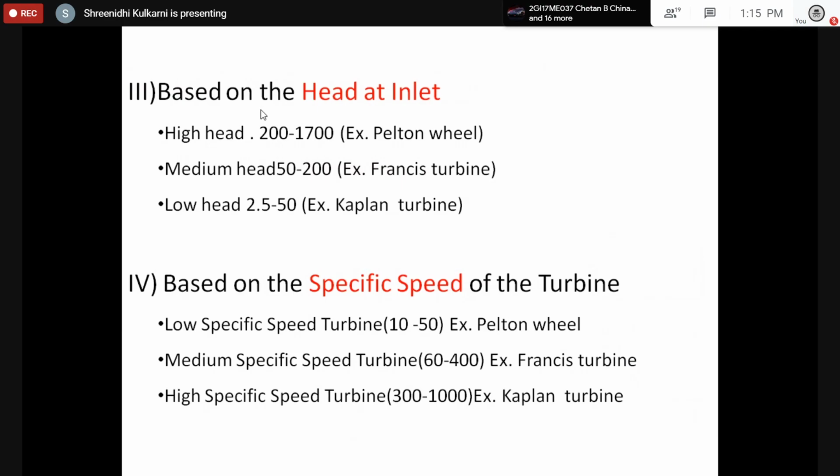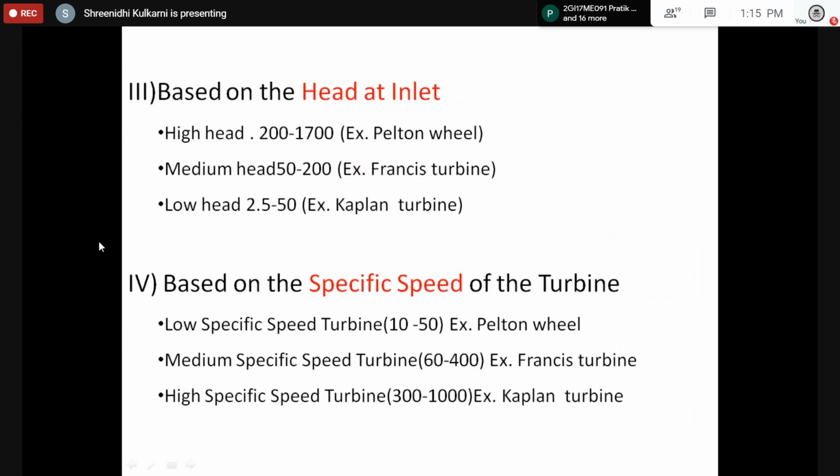Next, based on the specific speed of the turbine. Once you know head, it is inversely proportional. If high head, we have low specific speed, example Pelton wheel. For medium specific speed, example Francis turbine, because the head is also medium. Next, high specific speed turbine, example Kaplan, because we have low head.